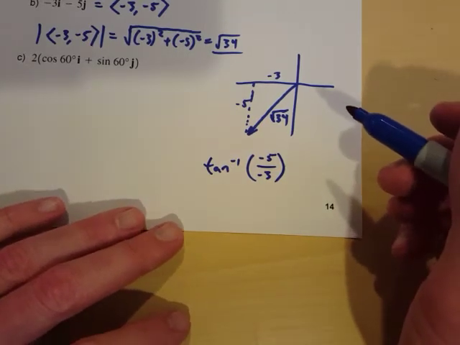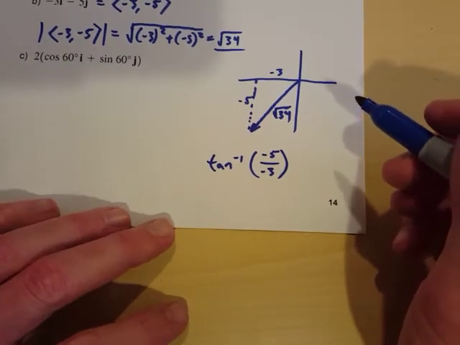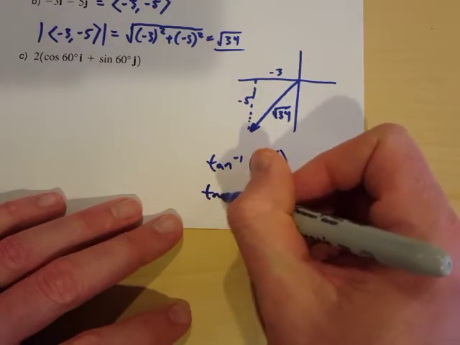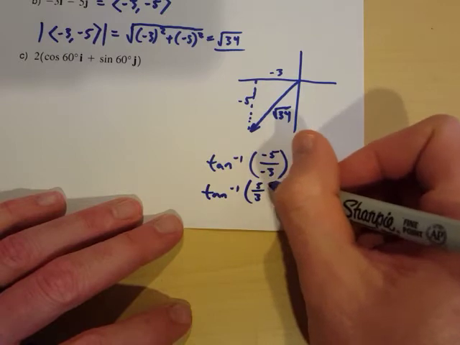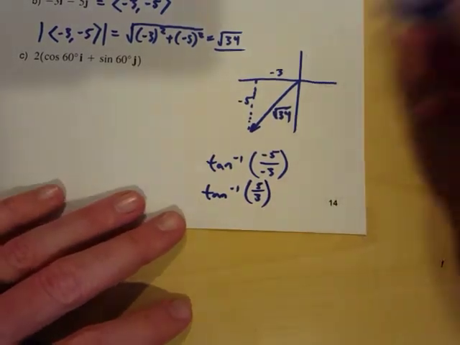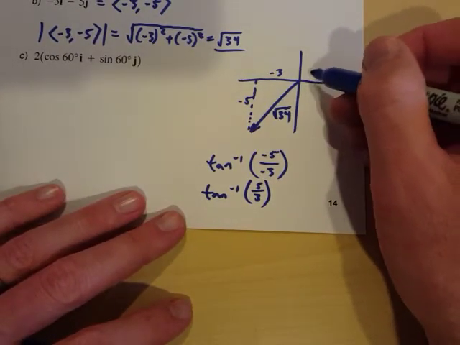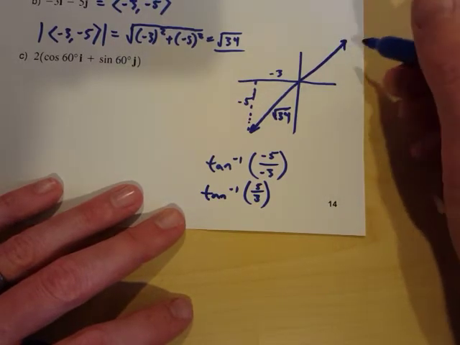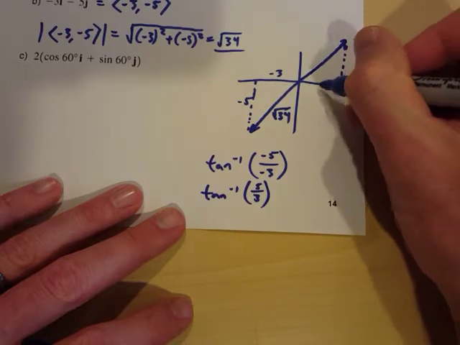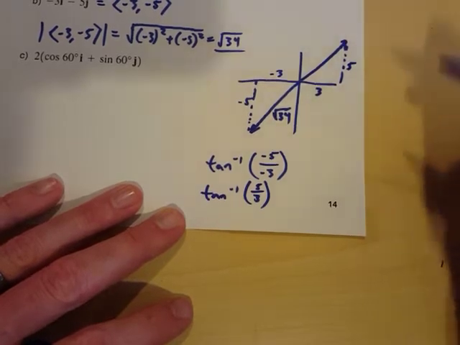So essentially that means the same thing as 5 over 3, which if we're talking positive, would put us in the first quadrant. So we're going to look for this basically like it's in the first quadrant and it's +3, +5.